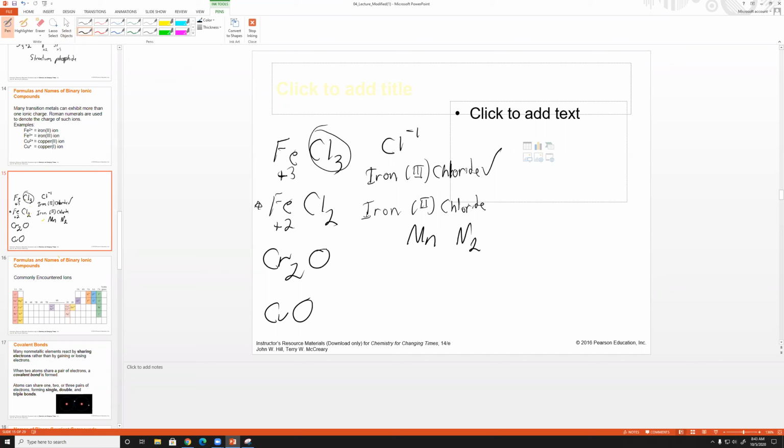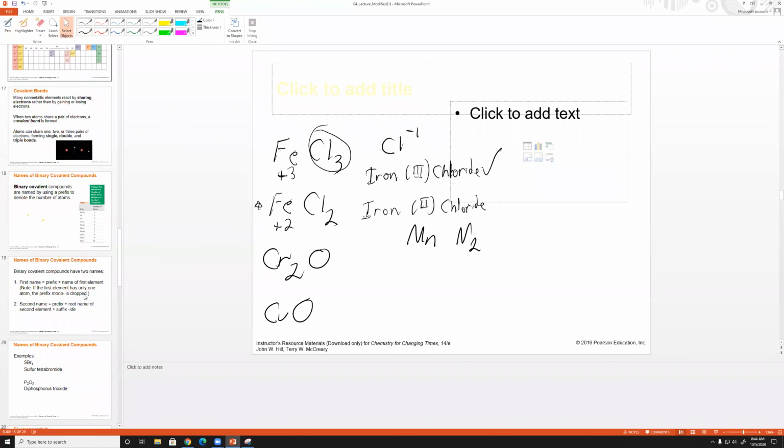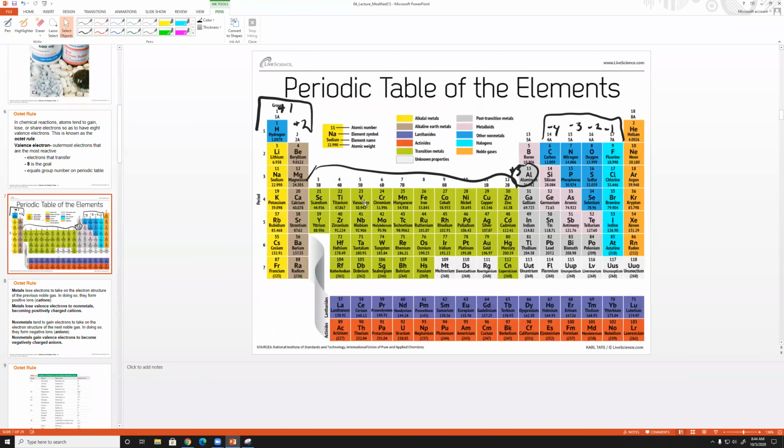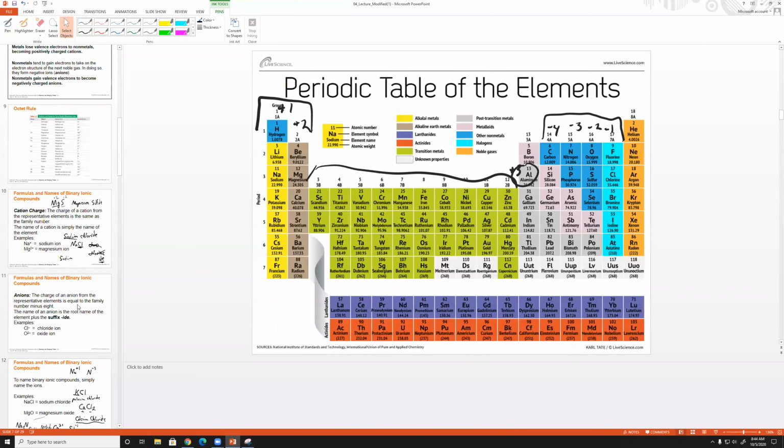But it's not chromium 2 oxide. Does anybody have any other? Would it just be chromium oxide? It wouldn't just be chromium, because let's look where chromium is. It's in the middle, right here. So it doesn't follow the usual rules; we have to use our transition metal rules, meaning our Roman numerals.